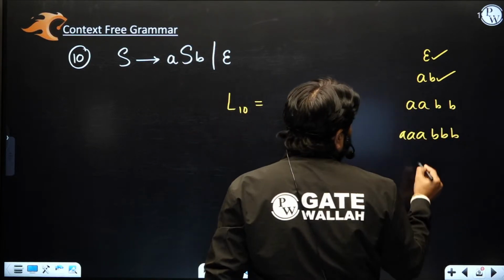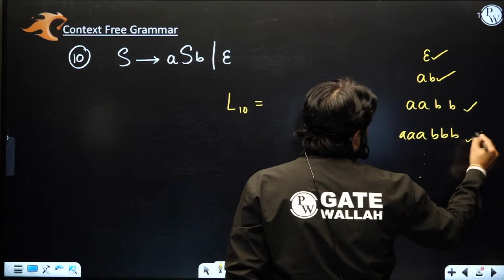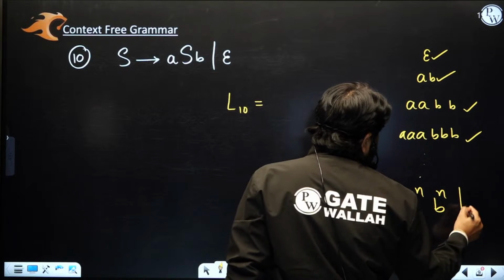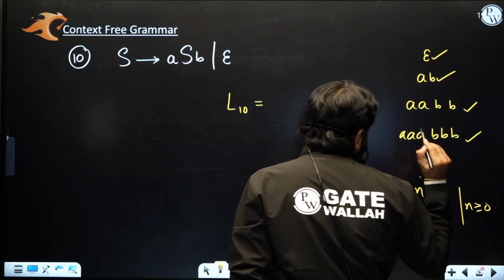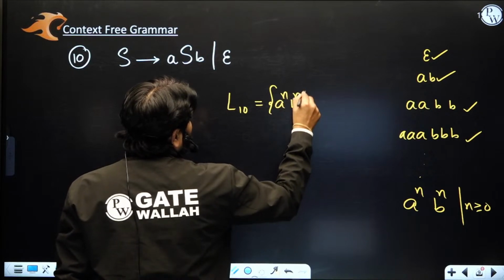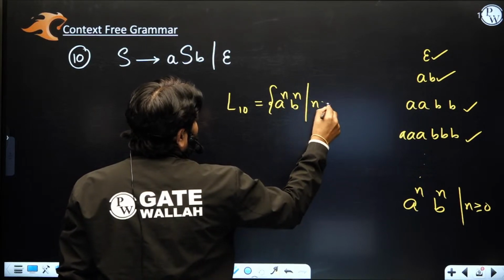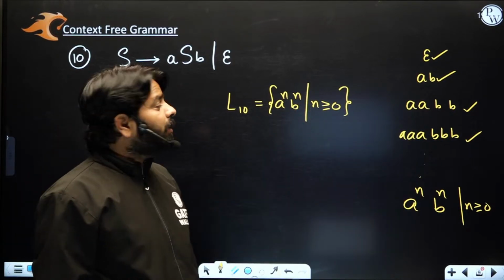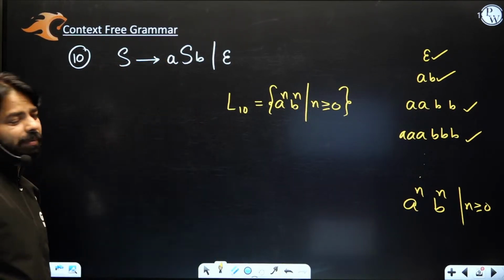When you keep on doing it, you will observe the strings in the form of A power n, B power n, where n starts from 0. So the language is A power n, B power n, such that n is at least 0.